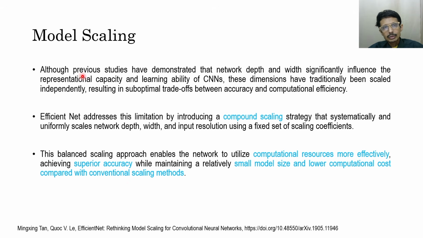Now, although previous studies have demonstrated that network depth significantly influences the representation capacity and learning ability of CNNs, these dimensions have traditionally been scaled independently. That is very important. There is no balancing, resulting in suboptimal trade-offs between accuracy and computational efficiency.